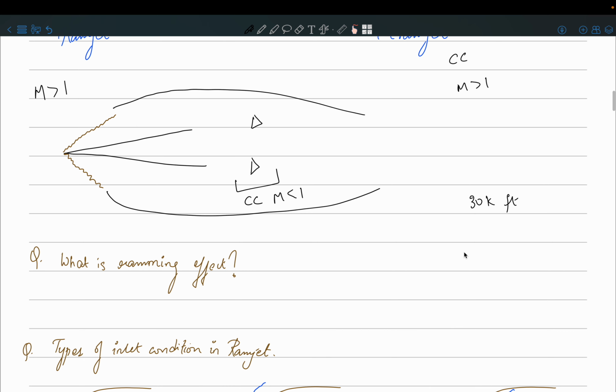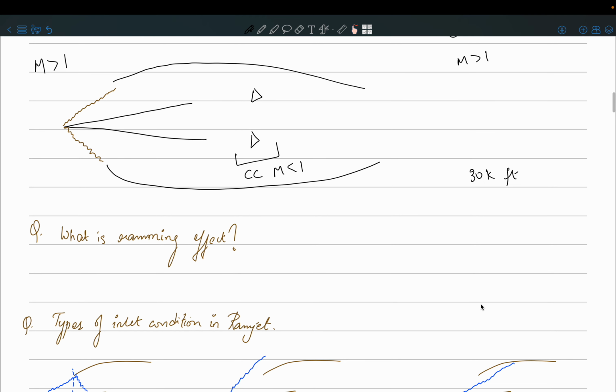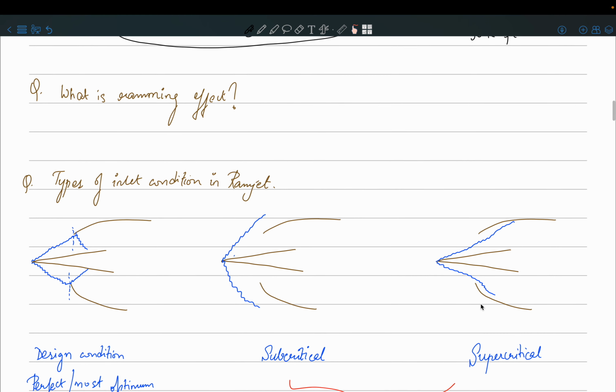At 10,000 feet, the pressure is going to be different. So now the question is, if I have designed this engine for a particular altitude, what happens if you allow it to operate at different altitudes? The operating conditions become different because the atmospheric pressure that it sees is different, right?